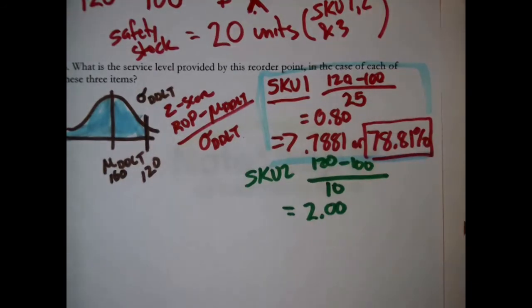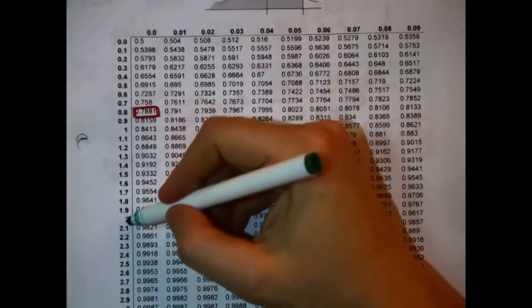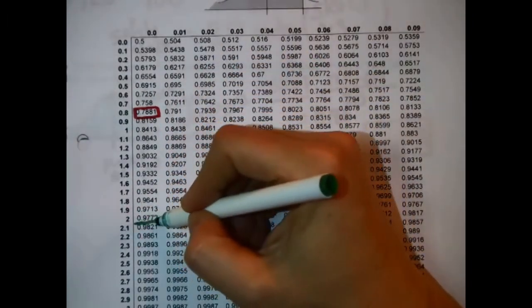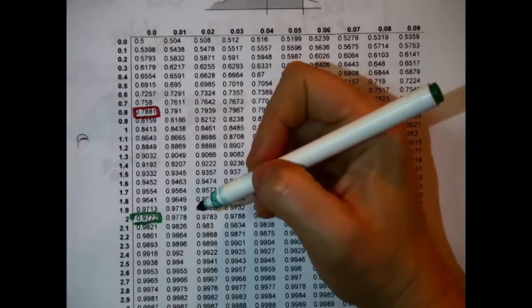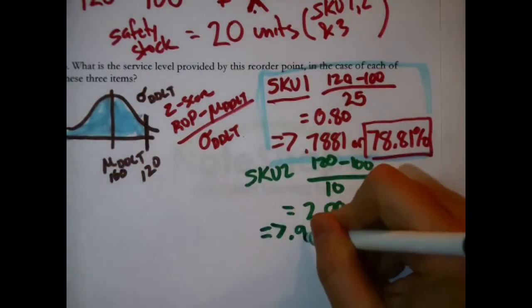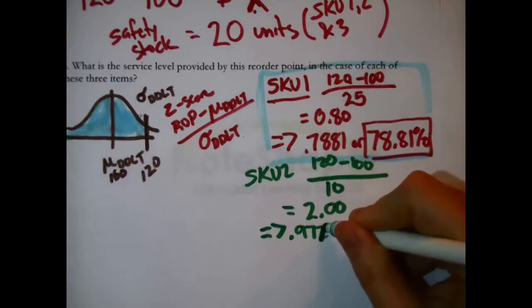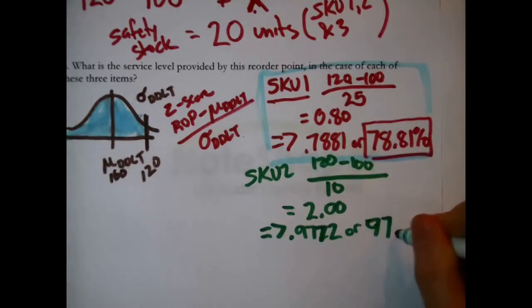Look up 2 on the table. 2.00 means that you're in the far left-hand column on the row 2. I see 0.9772. Perfect. Just remember that number. That's 97.72%.